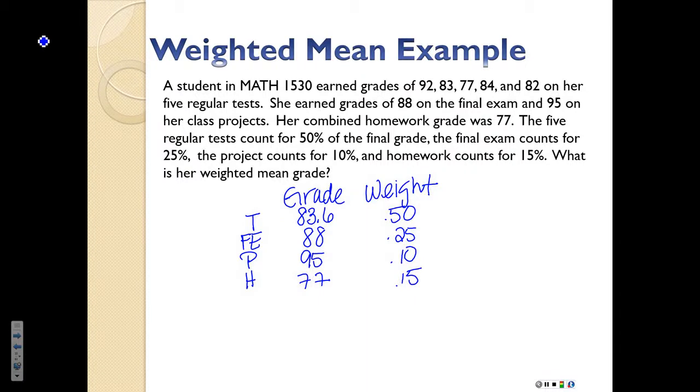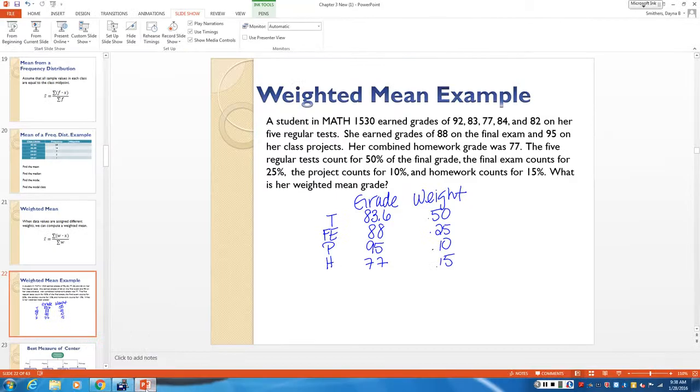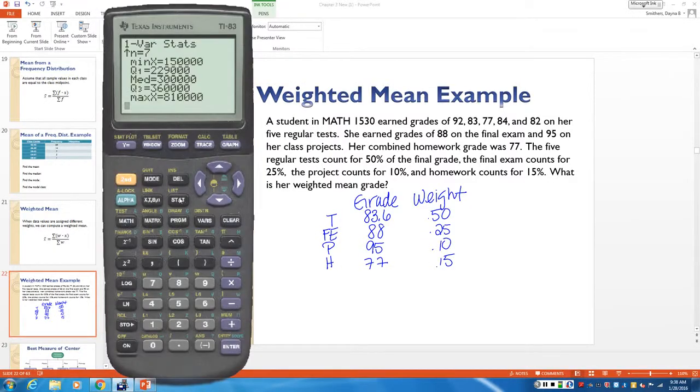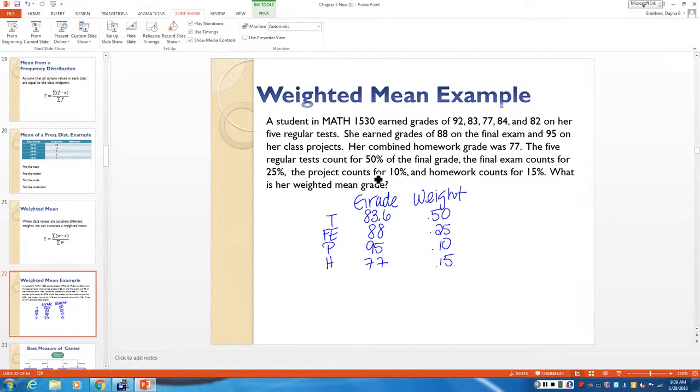So pull out your calculator. We are going to go back to your list. So again, press Stat and Enter. Go ahead and clear out your list 1. Let's start again fresh. I want you to put the grades, there we go.